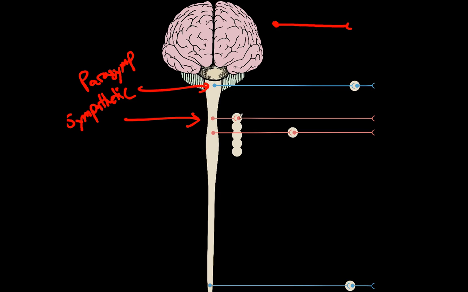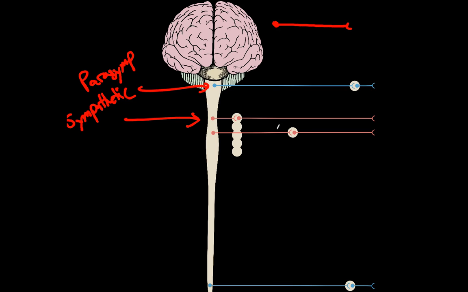We also have these tan spots out here, and these are just to represent ganglia that are operating here. So again, you'll notice that these ganglia are occurring where we have a cell body and an axon terminal outside the central nervous system.